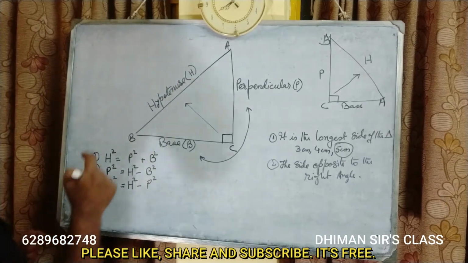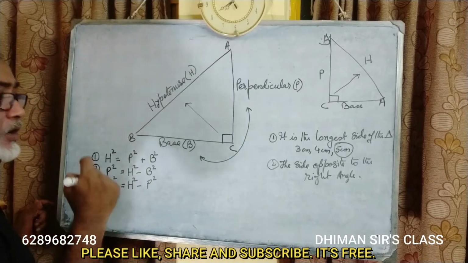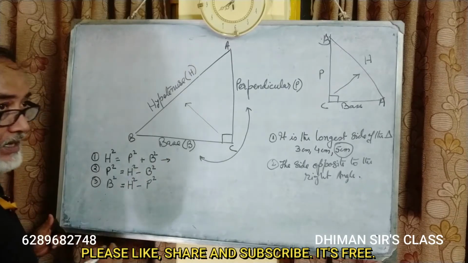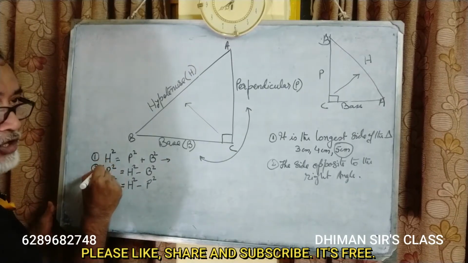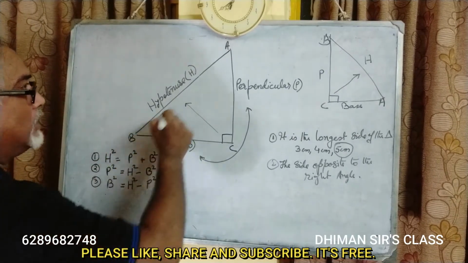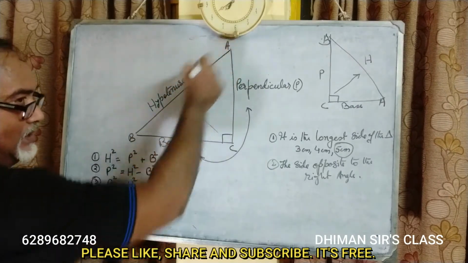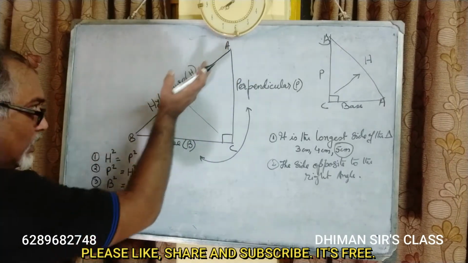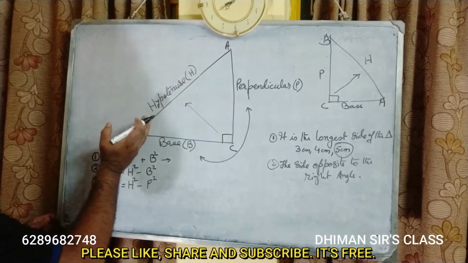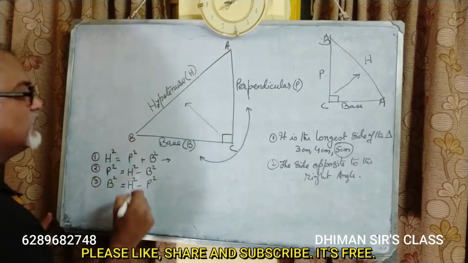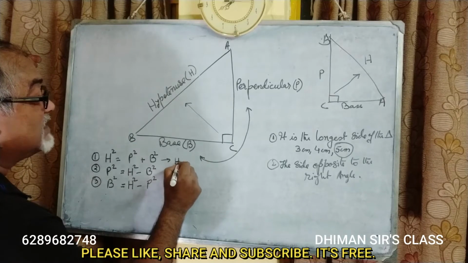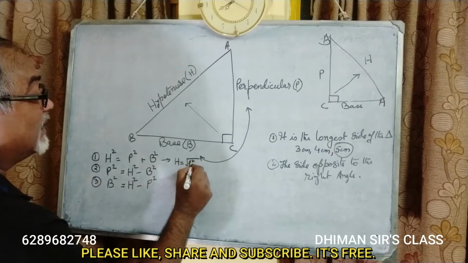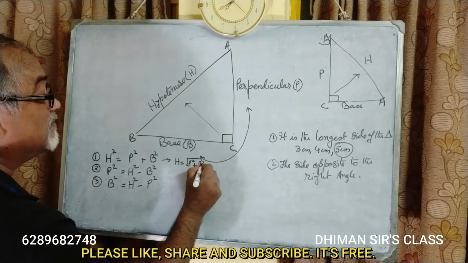Now, suppose we want to find the height here. From here we can derive H square, but that is not intended. We want only H, because this is not H square, this is H, only the length. We don't want the square of the length. We want the hypotenuse only. So in that case, H is equal to root over P square plus B square.